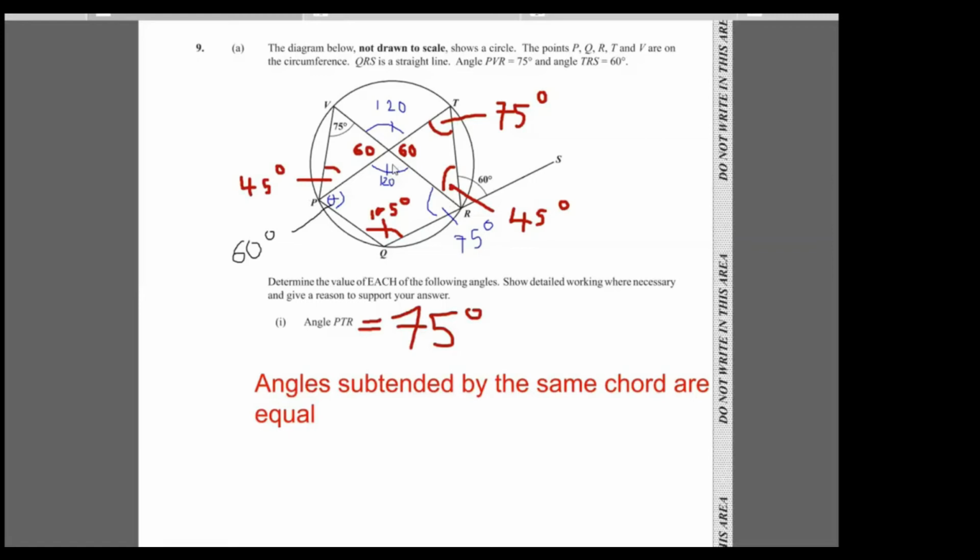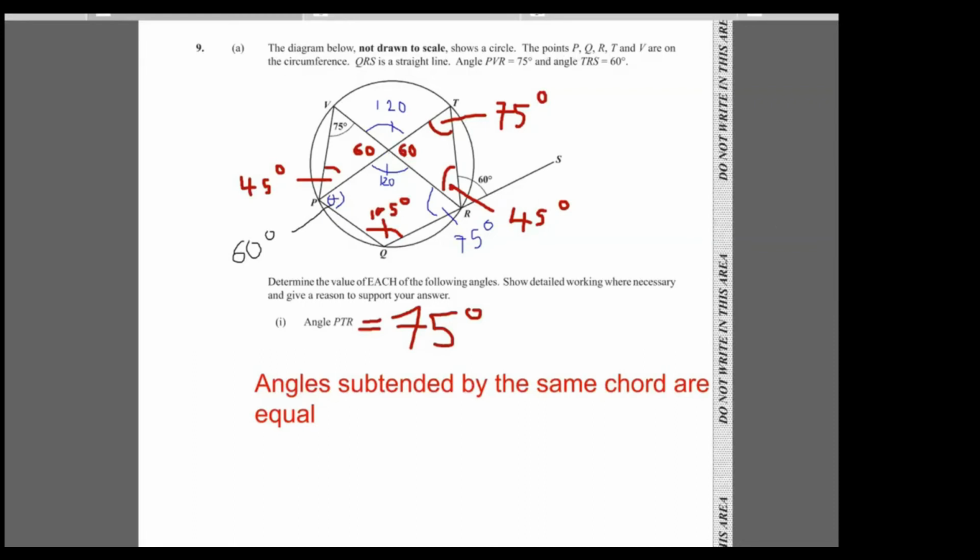So we have it right there already. Angle POR, this one right here, which is just 120. All right, angle P. Wait, where is O? There's no O right here. That's crazy.